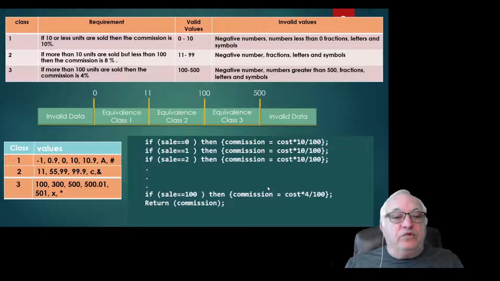So what I'm trying to tell you is that even though we use two solid techniques, which is identifying classes and then looking for boundary conditions, that does not guarantee that you're going to find all the errors.